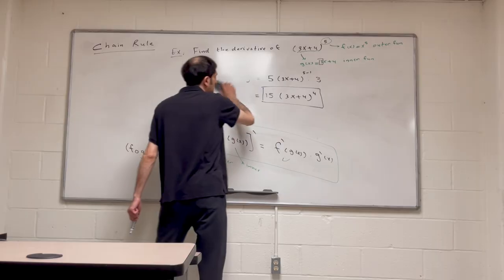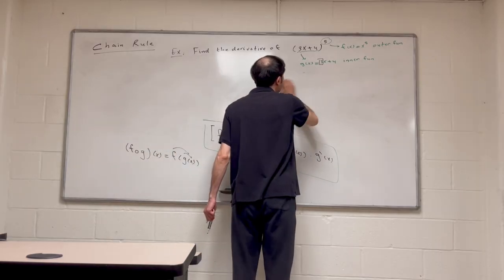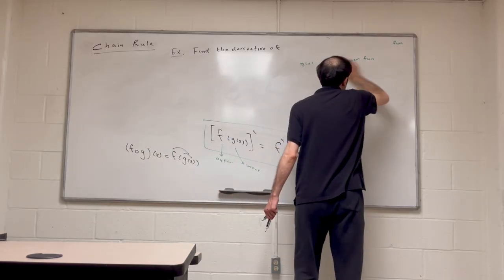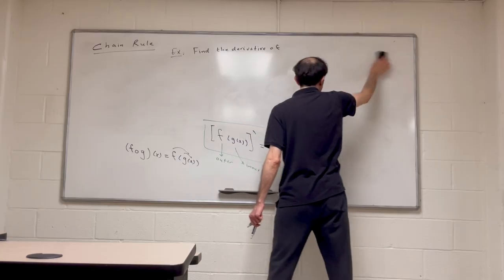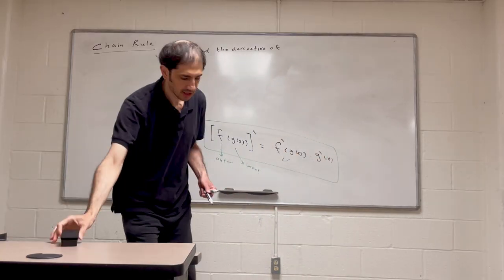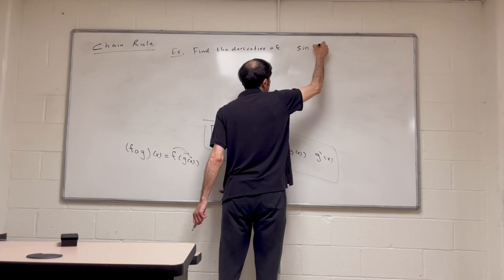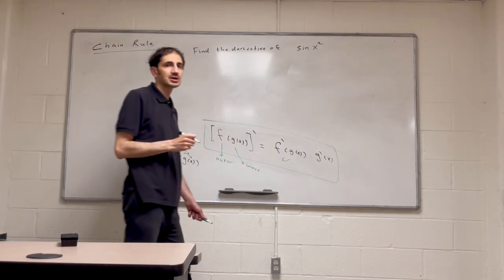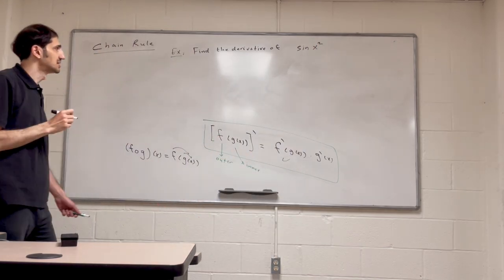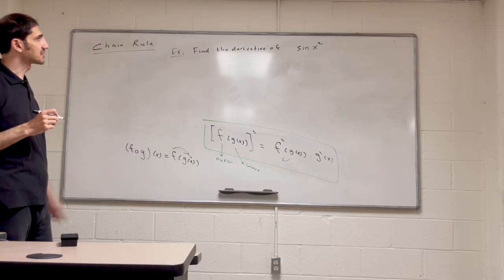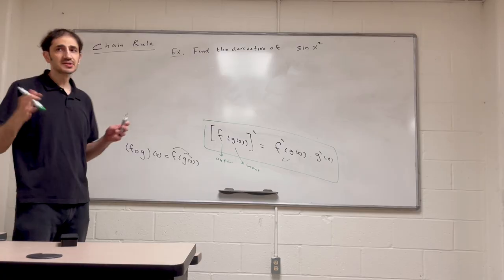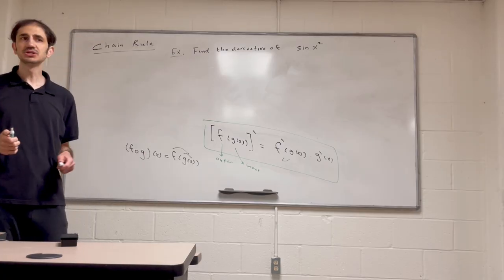Find the derivative of the following. Not a polynomial, but this time I'm going to take sine of x squared. So here I have a trig function. Trig of what? Of x squared. And now let's see, who can tell me what is the inner function in this case?